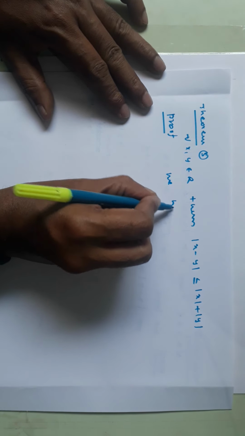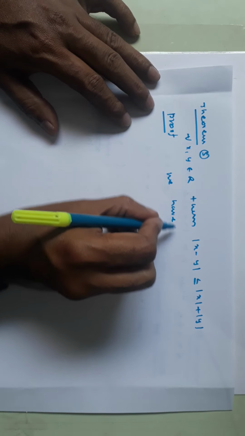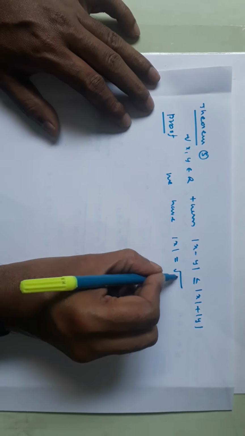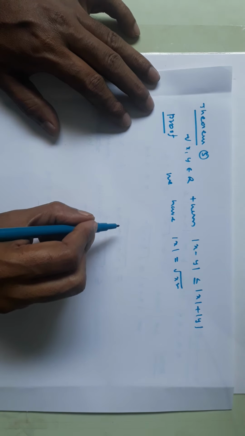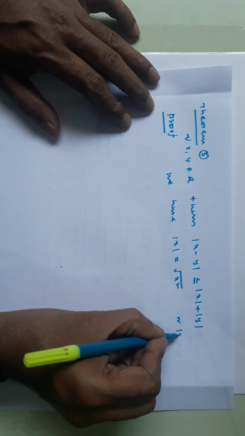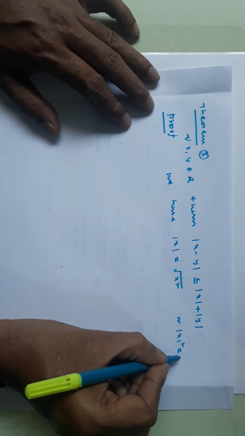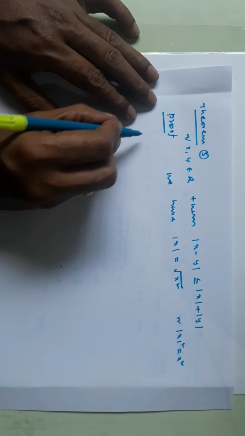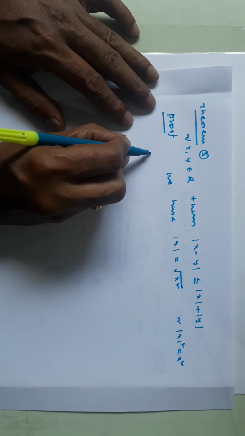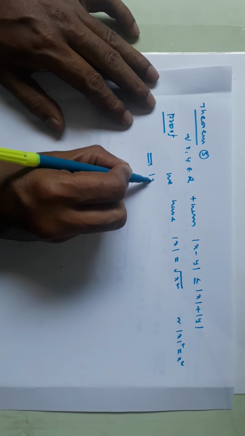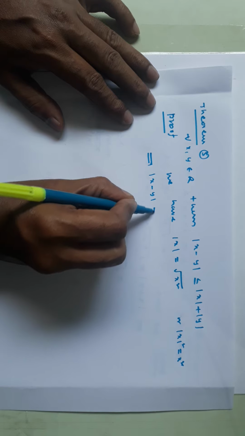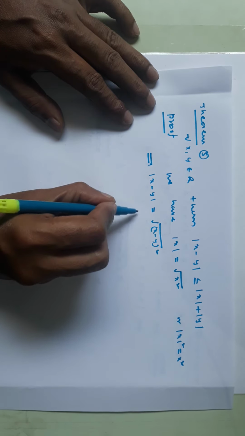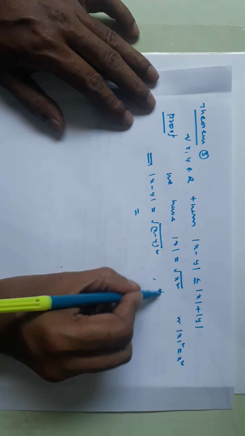We have, by the properties of modulus of real numbers, mod x is equal to root x square, or mod x square is also equal to simply x square. Both are the same. So take x minus y in place of x. Mod x minus y is equal to root of x minus y whole square, and this is true for all x, y.